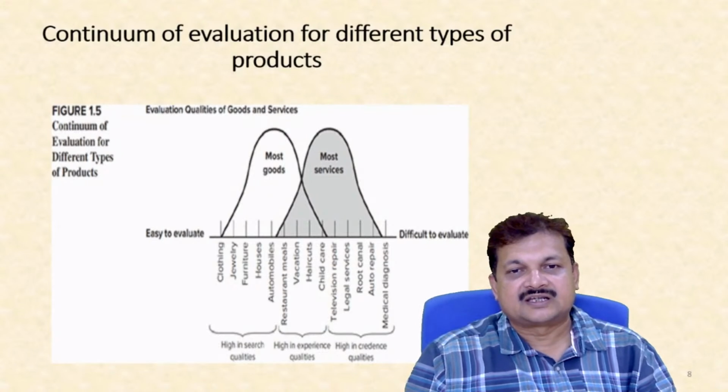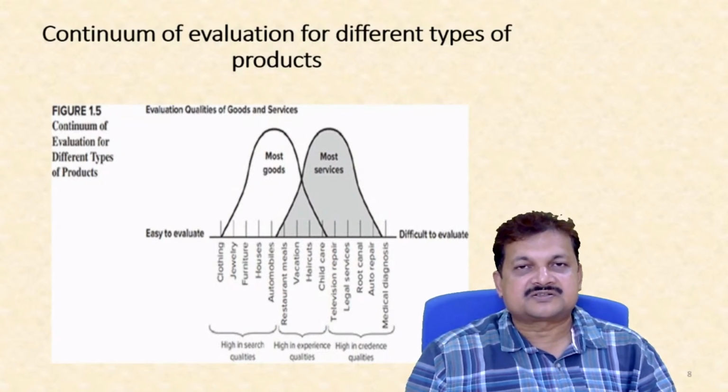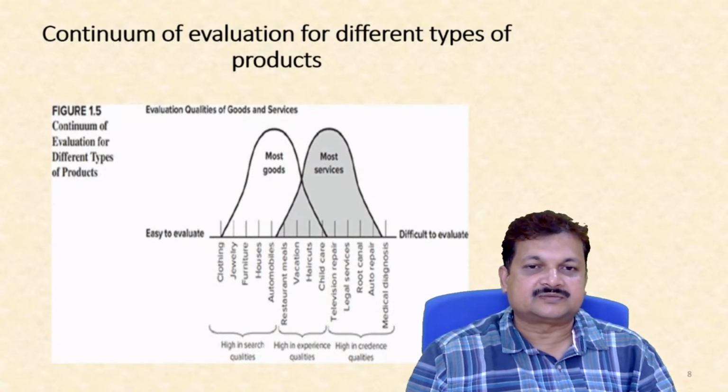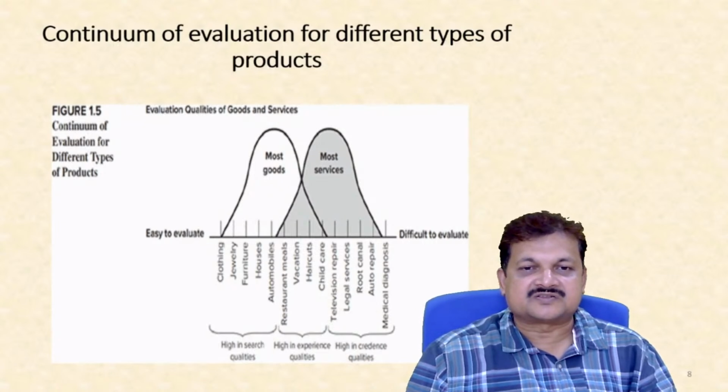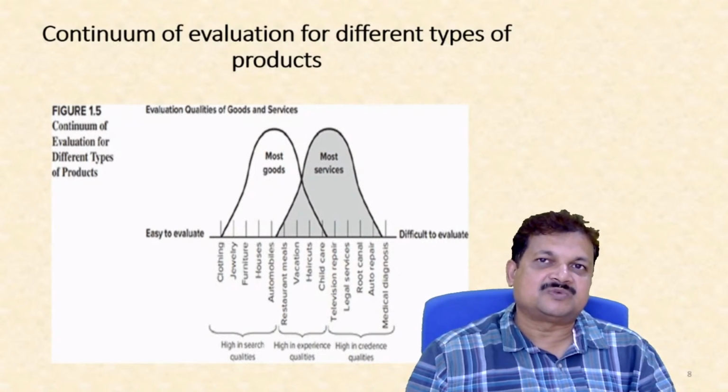Then haircuts also, selecting a particular salon, all this kind. Then child care system also, sending your child to that particular place. It depends also on the brand image of that particular child care system. So high in experience quality.